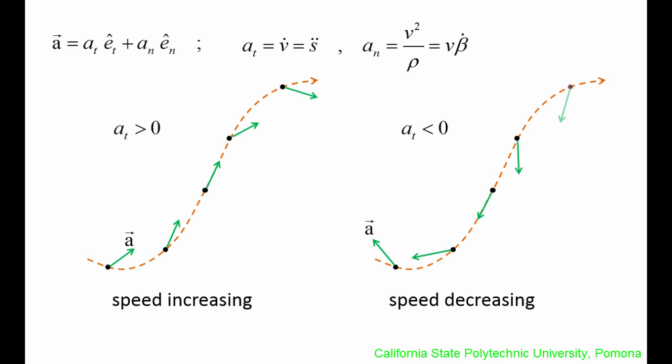The acceleration vector always points toward the backward direction. In both cases, notice that the acceleration vector must deviate from the path in order for the particle to change direction. If the acceleration vector is parallel to the path, a sub n is 0 and the particle travels in a straight line.